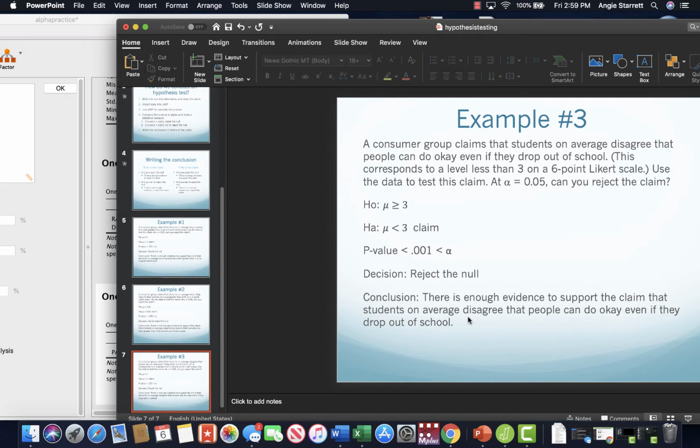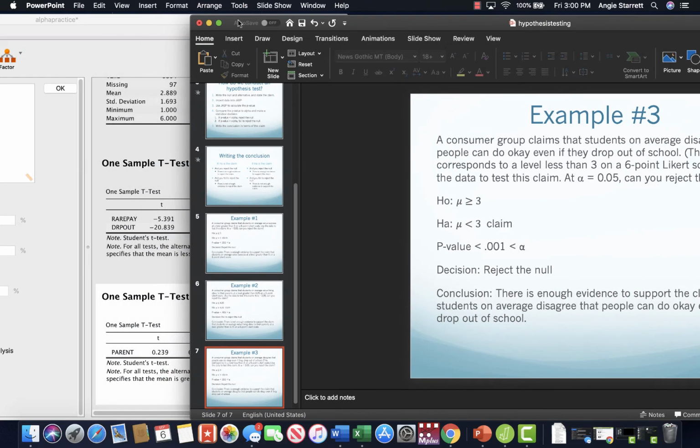So we have this claim that students on average disagree. Disagree numerically corresponds to 3. So our alternative here is mu less than 3. That's what we're reading and is the claim. Our null is the opposite of that, so mu greater than or equal to 3. And so this is the dropout.